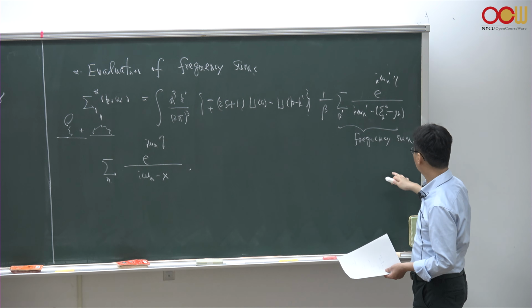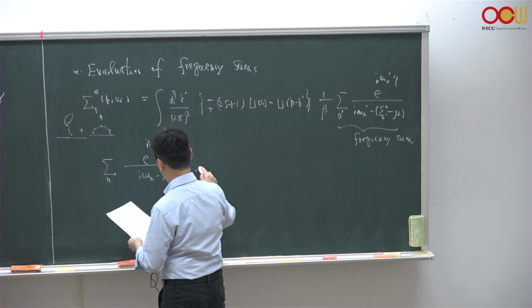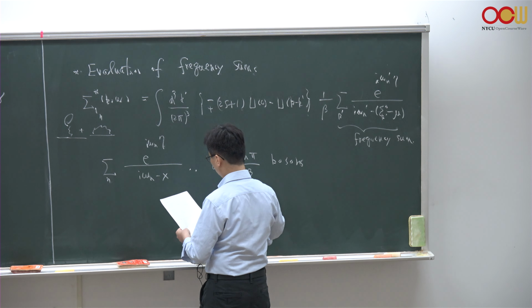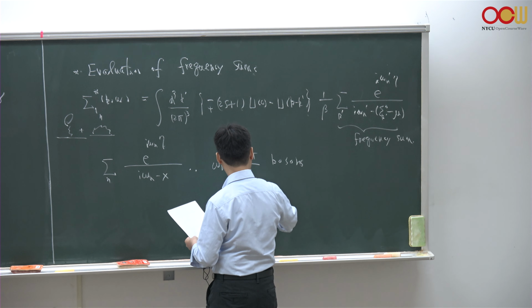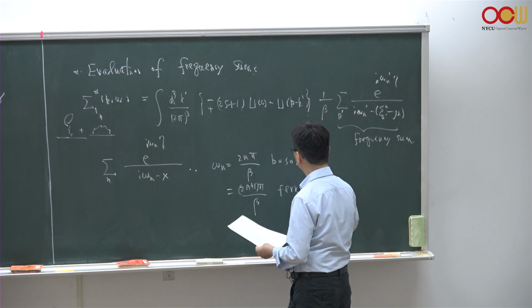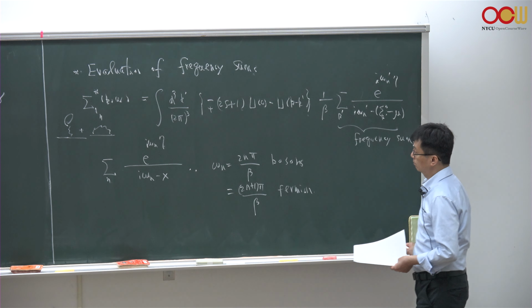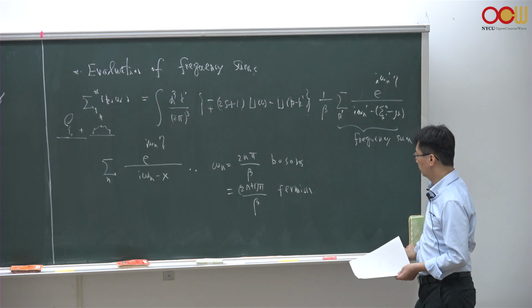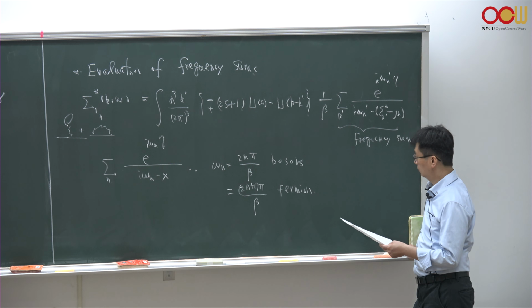So this is something that we need to sum over. And we have two types of Matsubara frequencies, one for bosons, another for fermions. Bosons carry even integer multiples of 2 pi divided by beta, and fermions carry odd integer multiples of pi divided by beta.